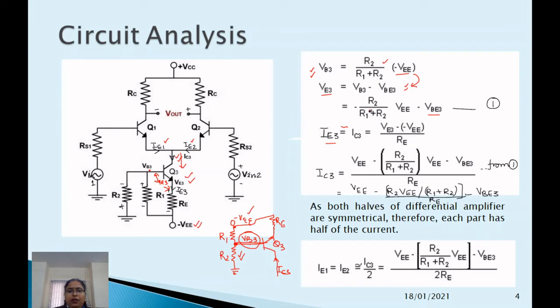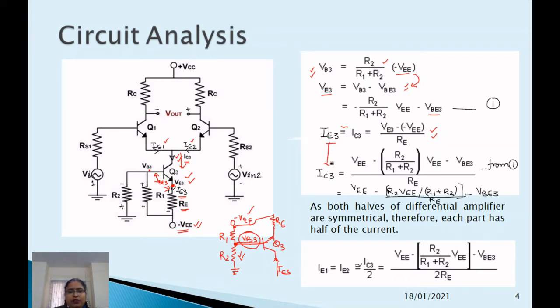So IE3 is equal to VE3 minus minus VEE, divided by this resistance RE. So it is VE3 minus minus VEE divided by RE.